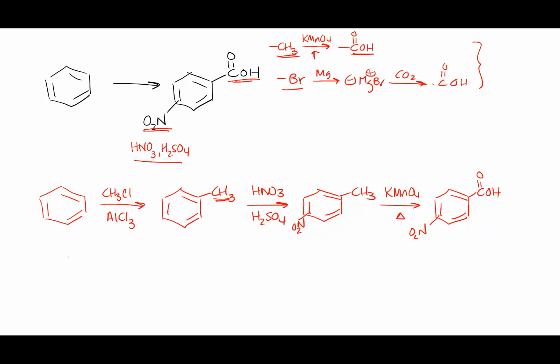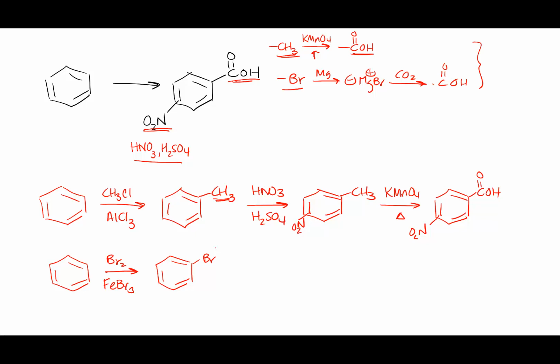Now you could say, could you do this reaction another way? Well, yeah, you could. In this case, you'd put the bromine on, FeBr3, to put the bromine in the proper position.